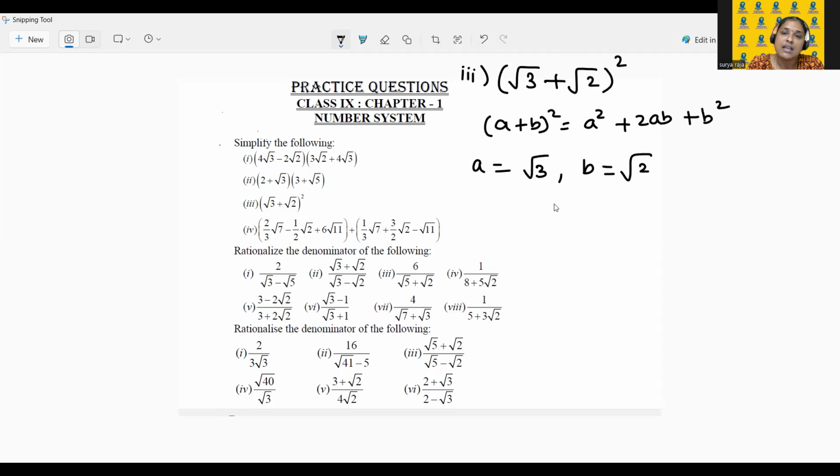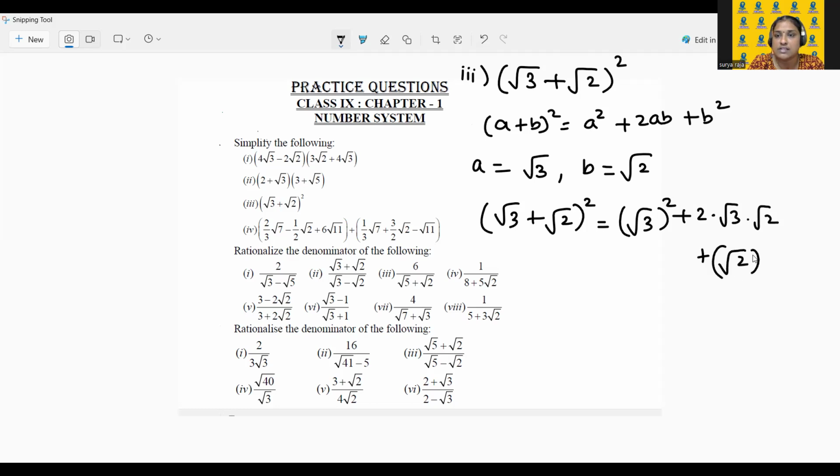I'm going to simply substitute instead of a square root of 3 and instead of b square root of 2. Now square root of 3 plus square root of 2 the whole square would be a square, which is square root of 3 the whole square plus 2 times root 3 times root 2 plus b square, like this.